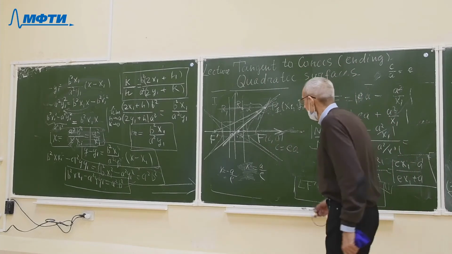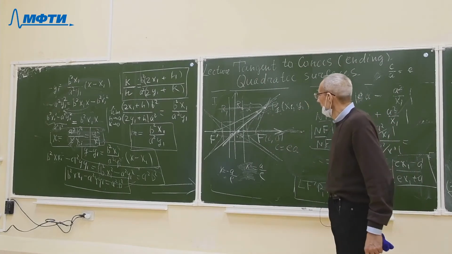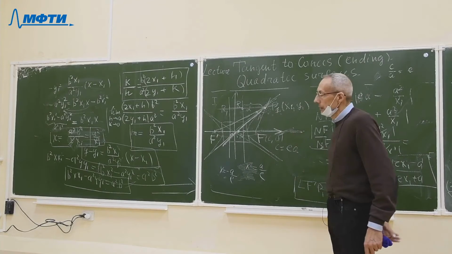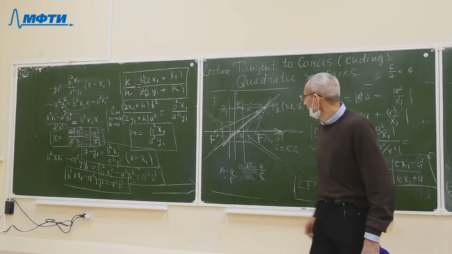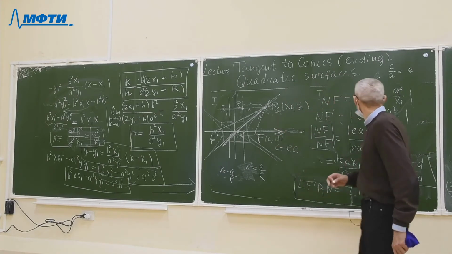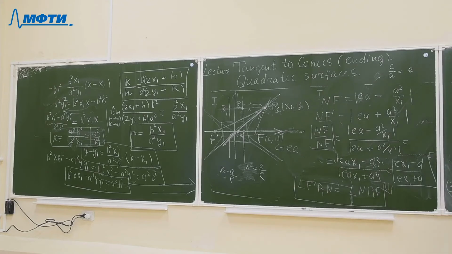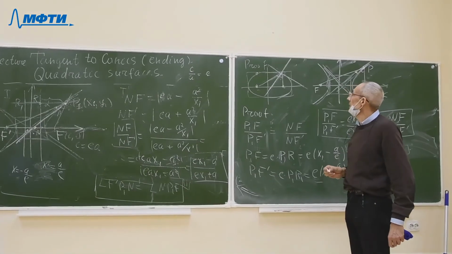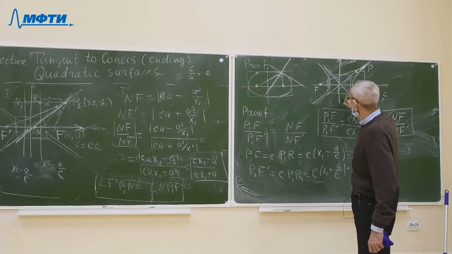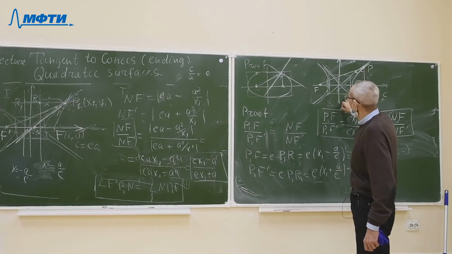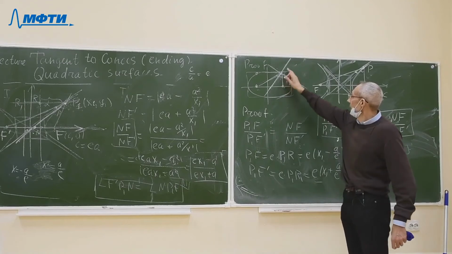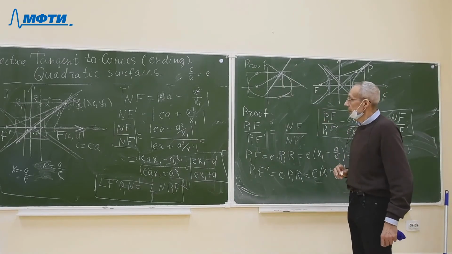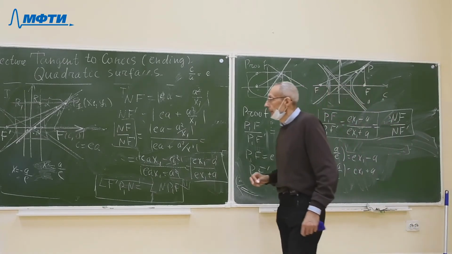Okay, we obtain the analog of the same property of the ellipse, but the role of the normal straight line in the case of the hyperbola is played by the tangent.